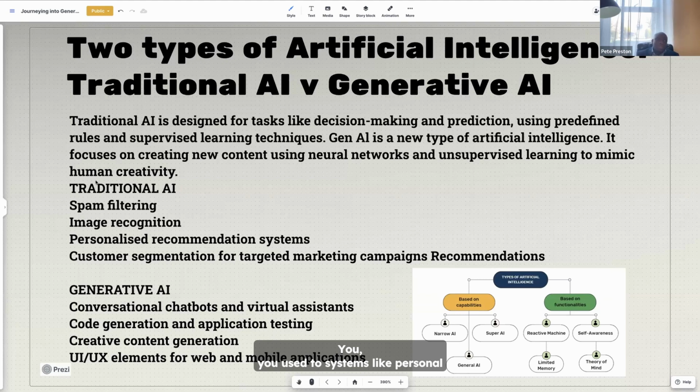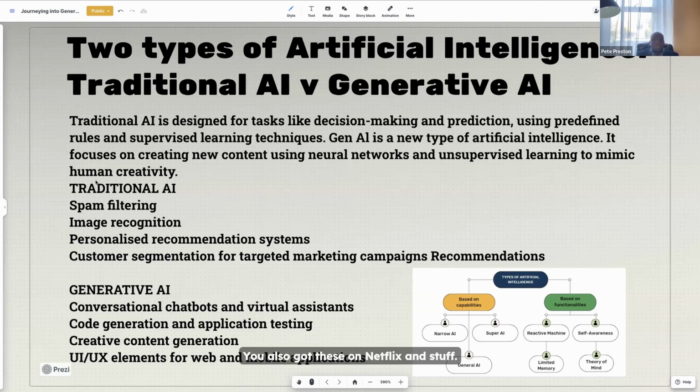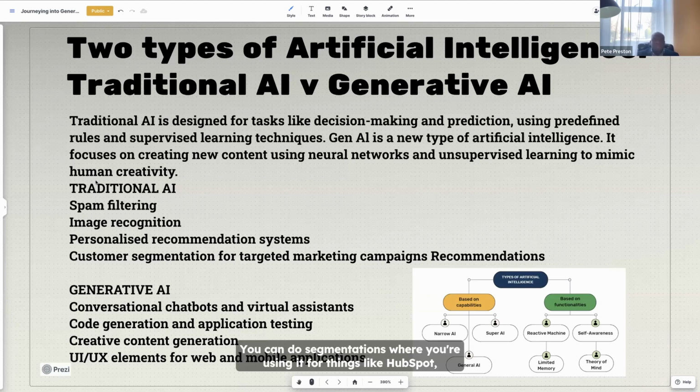You're used to systems like personal recommendation algorithms on YouTube. You also get these on Netflix and so on. You can do segmentations, using it for things like HubSpot, lots of tools.